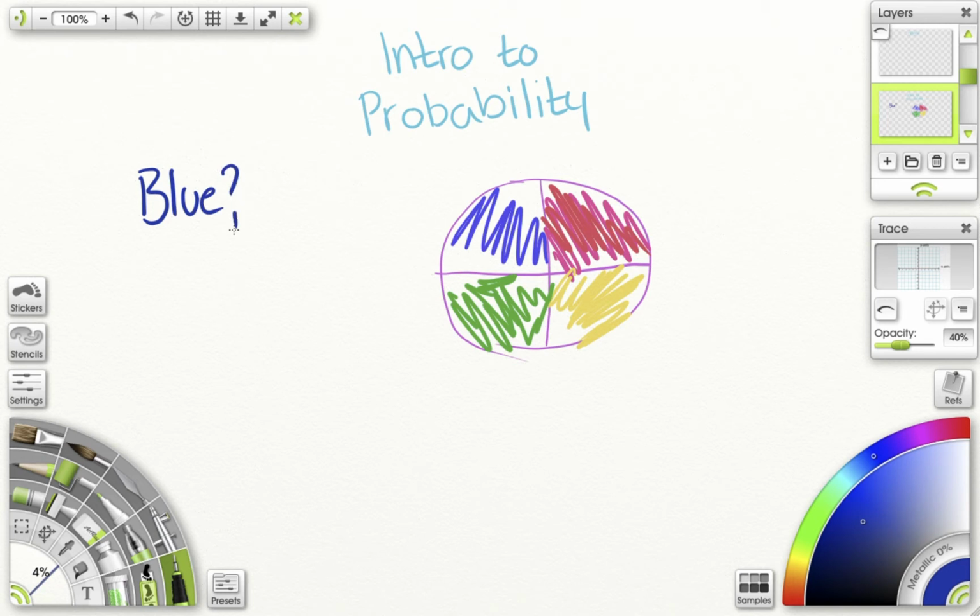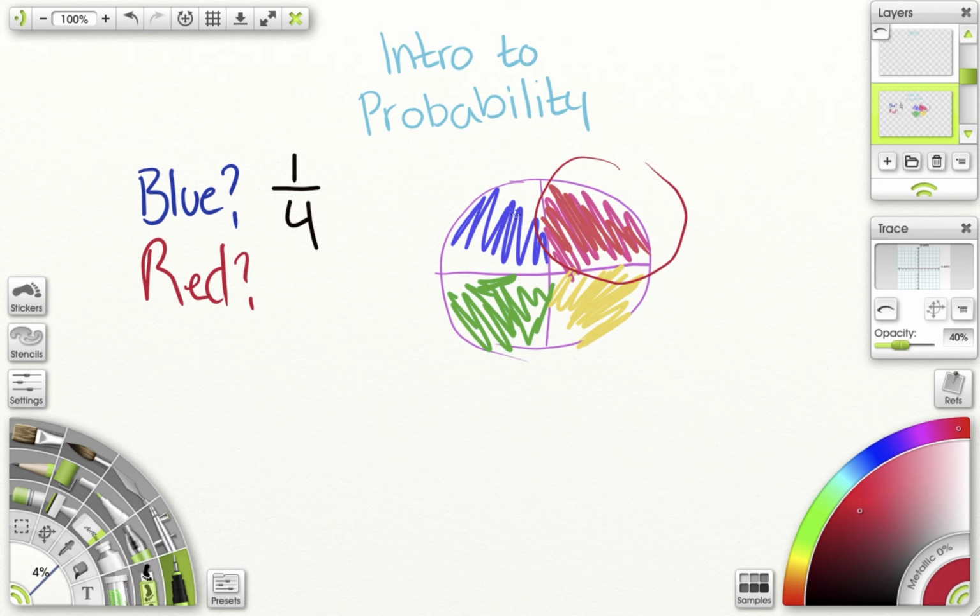It is 1/4, because the blue section here takes up 1/4 of the circle. What about landing on red? Well, again, red takes up 1/4 of this circle.